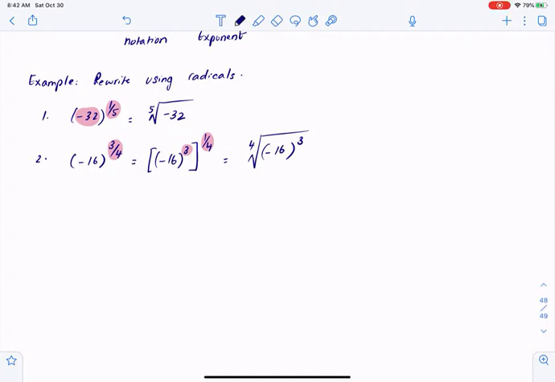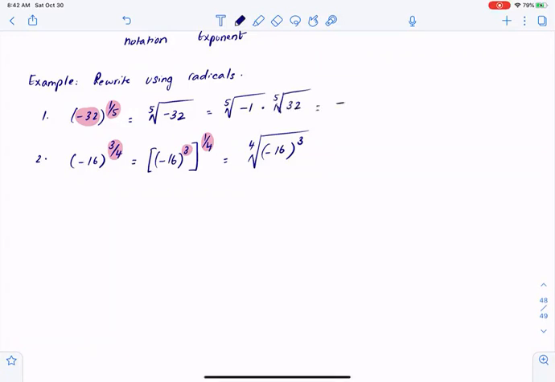Keep in mind, this particular problem, we're not going to simplify further. Previous problem, for instance, we did this at the very beginning. The fifth root of negative 32, I could write it as the fifth root of negative 1 times the fifth root of 32.